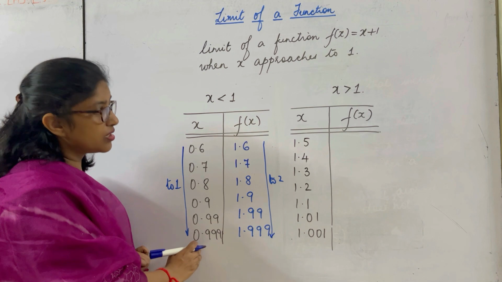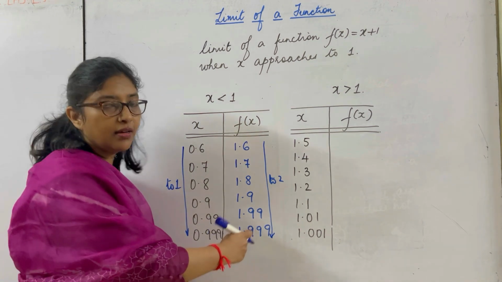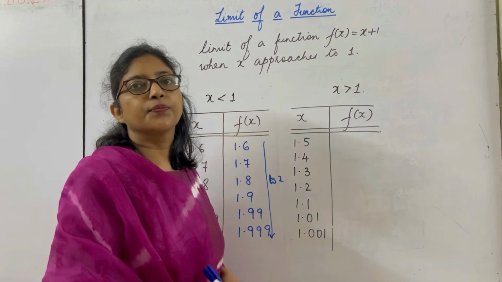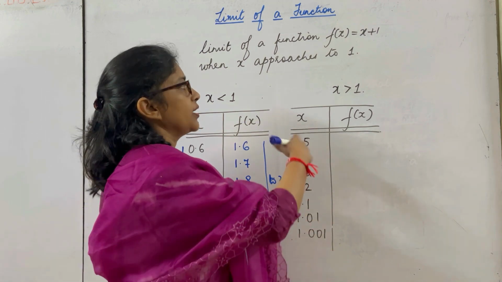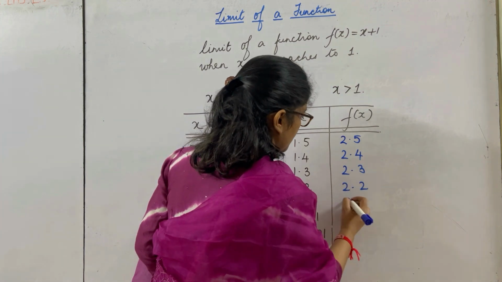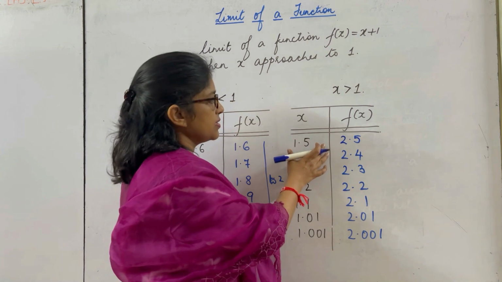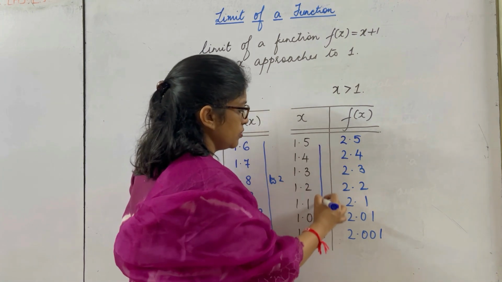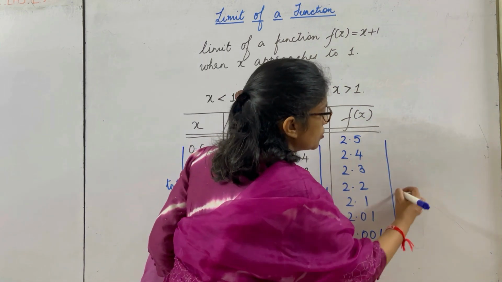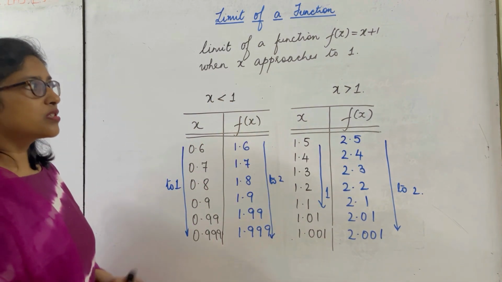You take a value nearer to 1, say 0.9999, you will get 1.9999, which is again closer to 2. Same way, for a value greater than 1, once again as x approaches 1, f(x) approaches 2. So this is what we mean by limit.